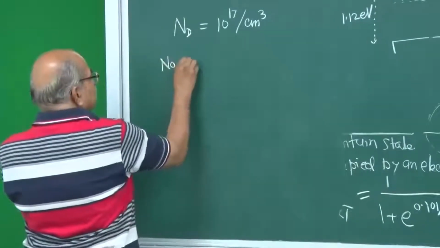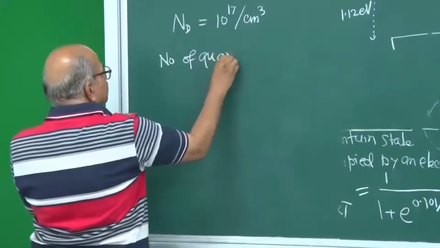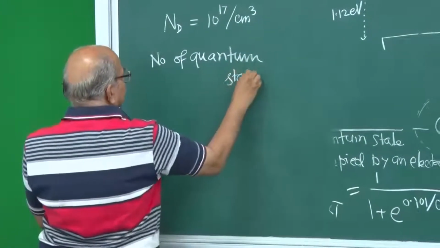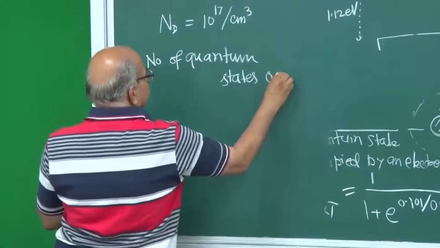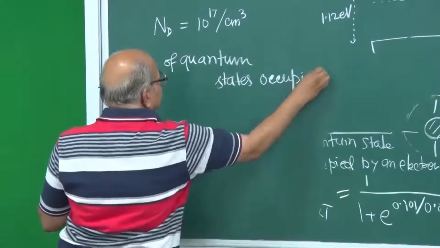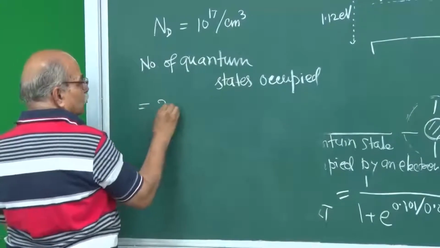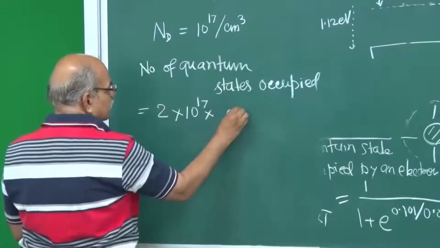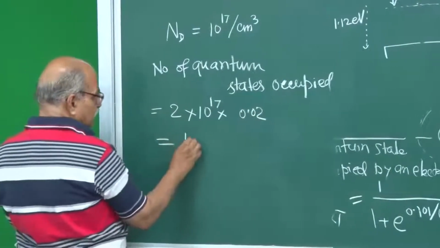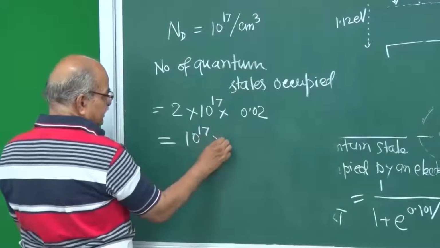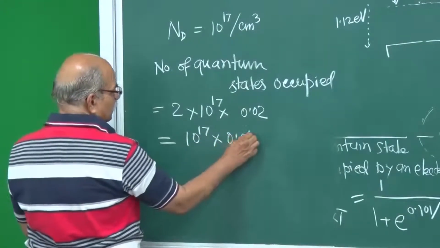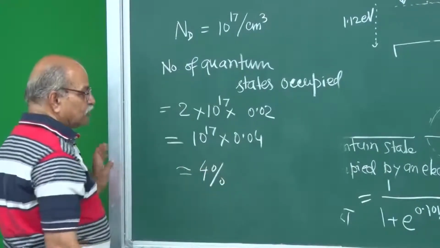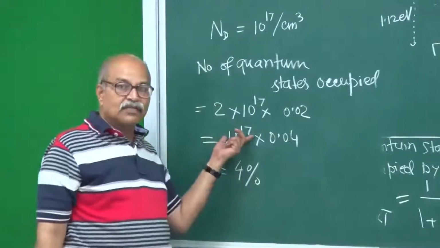So the number of quantum states occupied is 2 into 10 power 17 times 0.02, or you can express it as this multiplied by 0.04, and that means 4%. 4% of the total donor atoms.